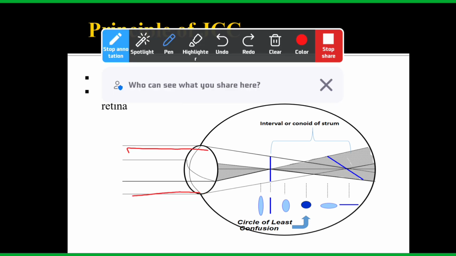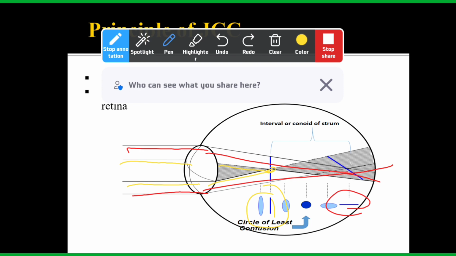So here's the example. If this is a toric surface, convergence of the vertical meridian, which has more power than the horizontal meridian, gives us a horizontal line. If you can see here, the convergence of these lines gives us a horizontal line, and the lines which I have denoted with yellow color, when they converge due to less power, give us a vertical line.